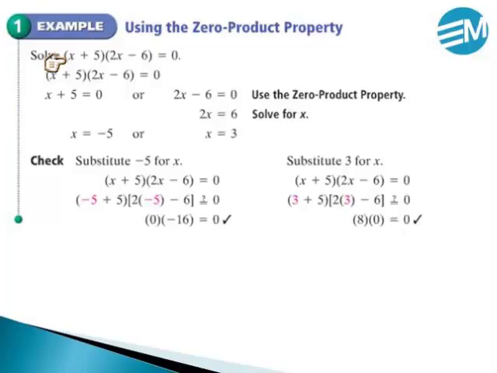You can also check your answers. Try substituting x equal to negative 5 in this, and you will get 0. Again, if you substitute x equal to 3 in the given equation, you will get 0.